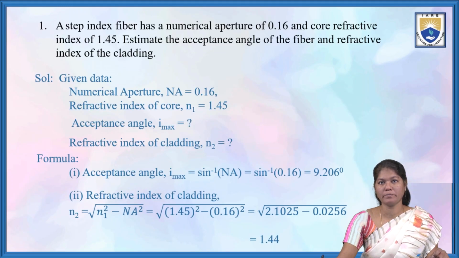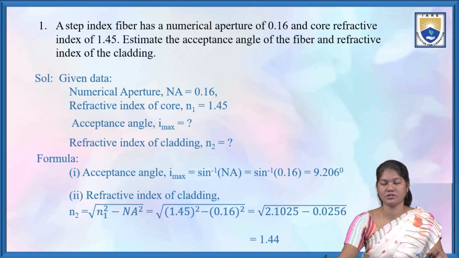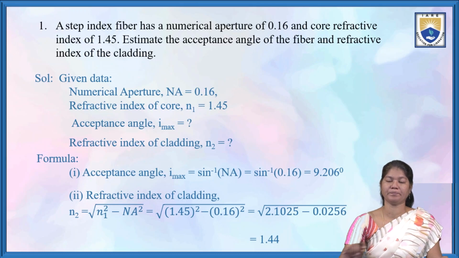So, the first problem is: a step index optical fiber has a numerical aperture of 0.16 and core refractive index of 1.45. Estimate the acceptance angle of the optical fiber and refractive index of the cladding.